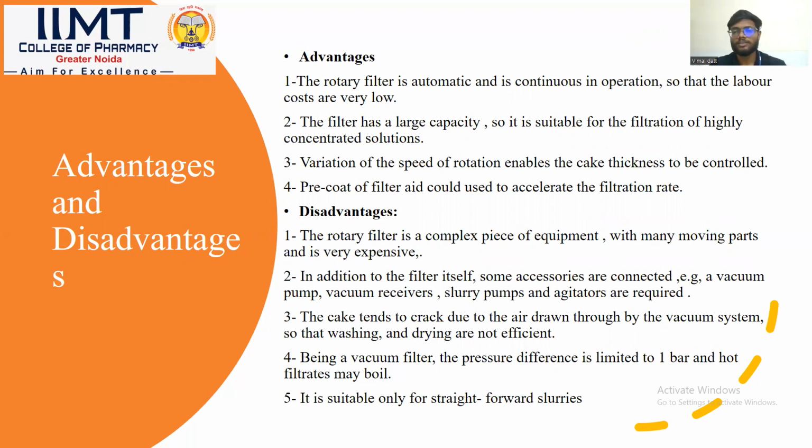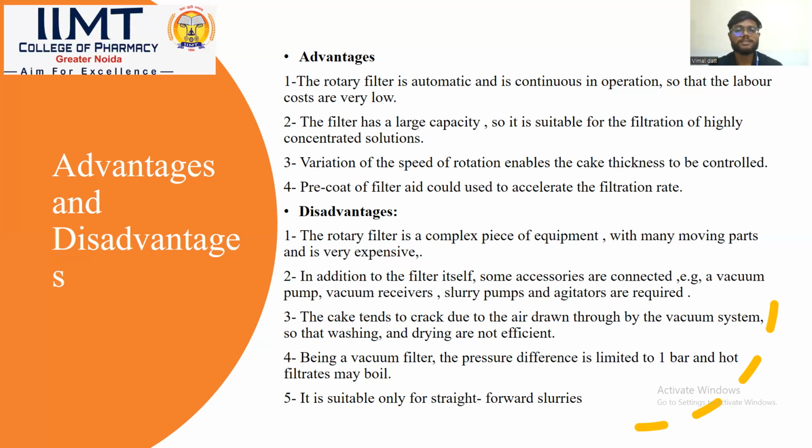If you speed up the rotation of the drum, the filter cake is formed with less thickness, or if we slow down the rotation of the drum, the filter cake forms with high thickness. And then fourth one is pre-coat of filter aid could be used to accelerate the filtration rate.